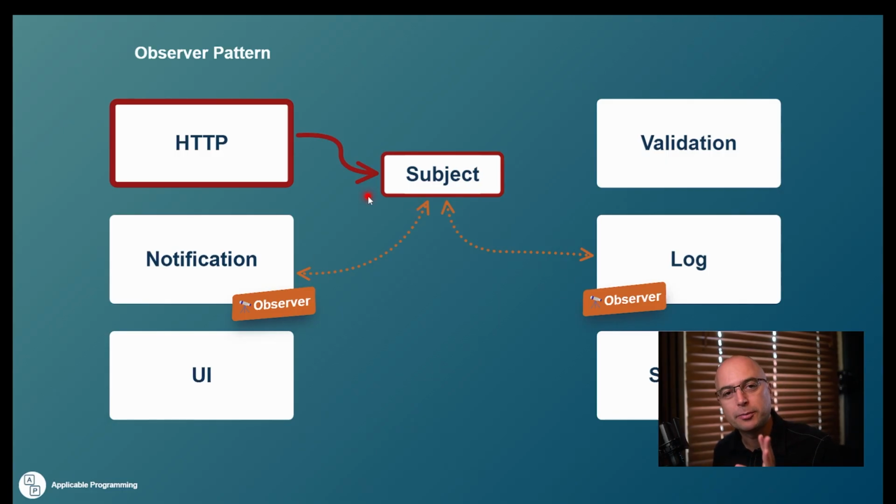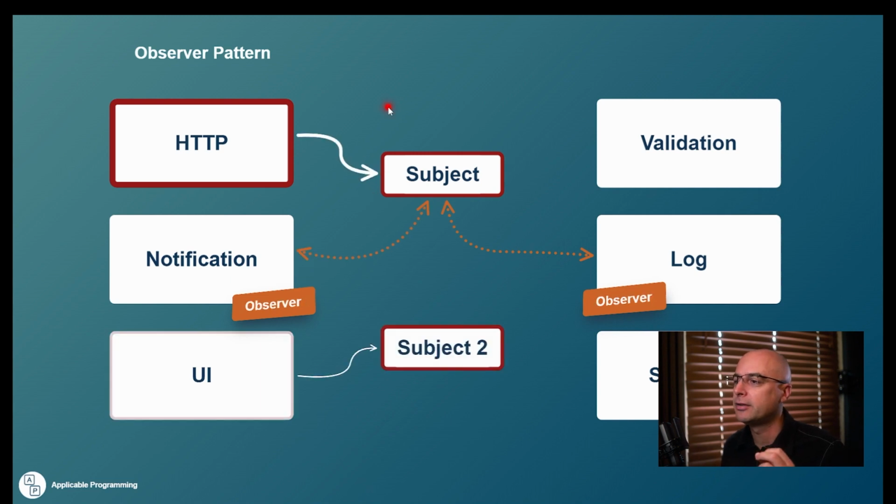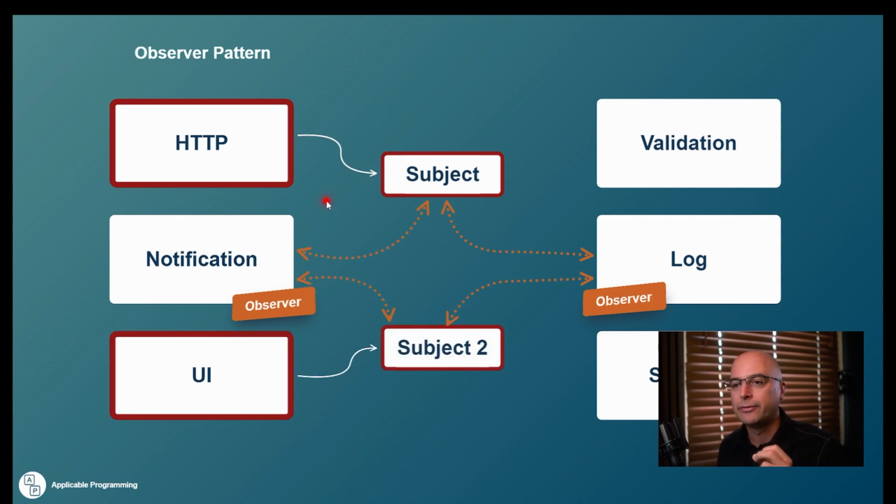If all this is a bit fuzzy, do not worry, we will build one observer soon from scratch, and then it will be much clearer how all this works. Also, in the skill builder lesson, you will make one observer yourself so that you understand it on a much deeper and personal level. But the beauty is that the observer pattern here can subscribe to different events from the same module or even from different subjects.